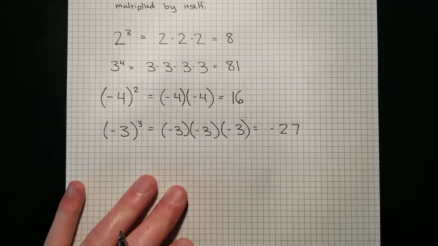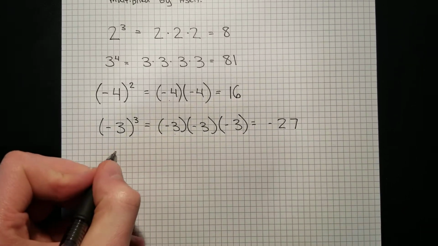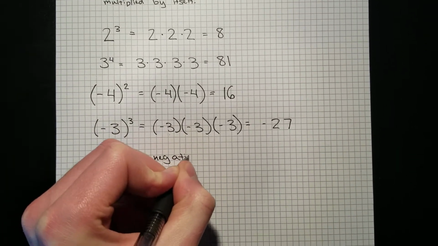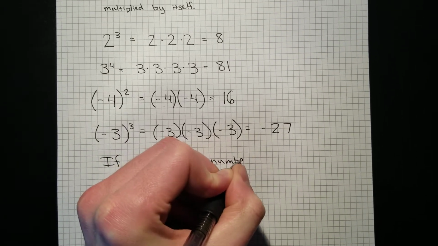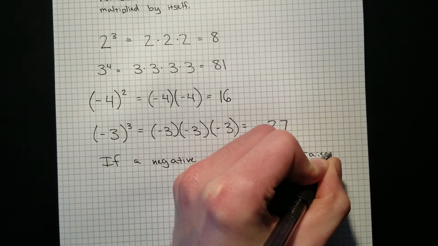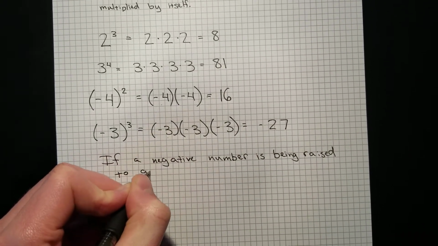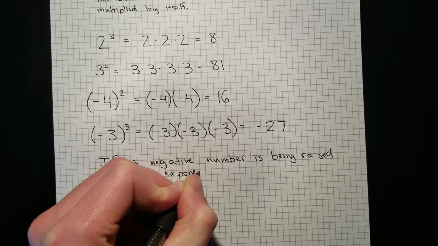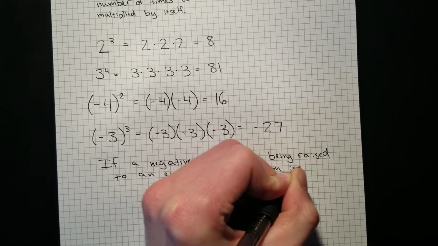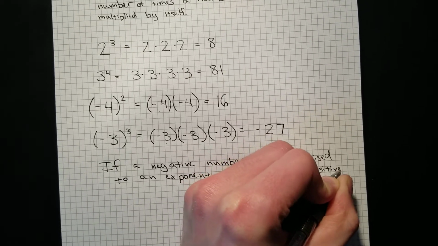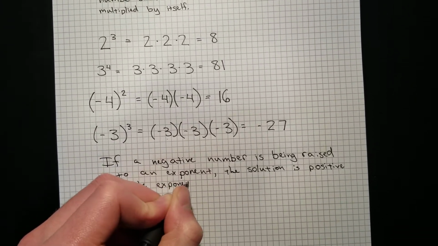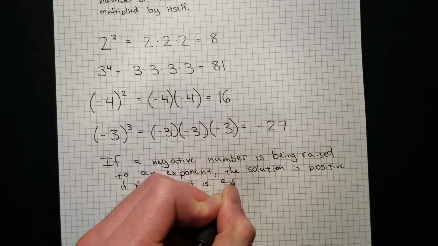So I'm going to write down a rule. One of the rules that we can work with here: if a negative number is being raised to an exponent, the solution is positive if the exponent is even.